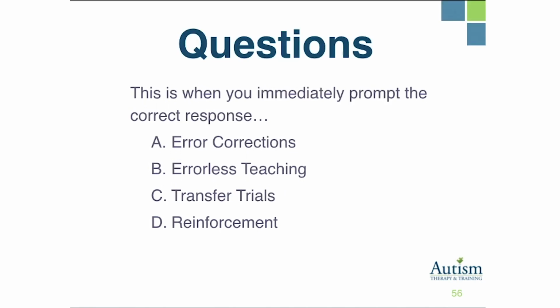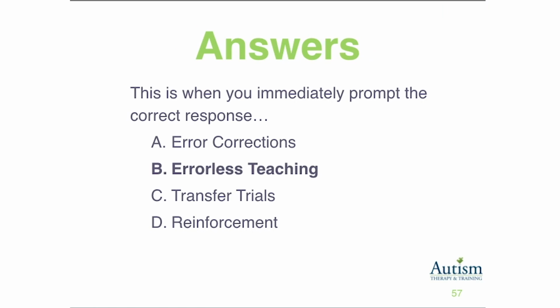This is when you immediately prompt the correct response. A, error corrections. B, errorless teaching. C, transfer trials. Or D, reinforcement. And the correct response is B, errorless teaching.